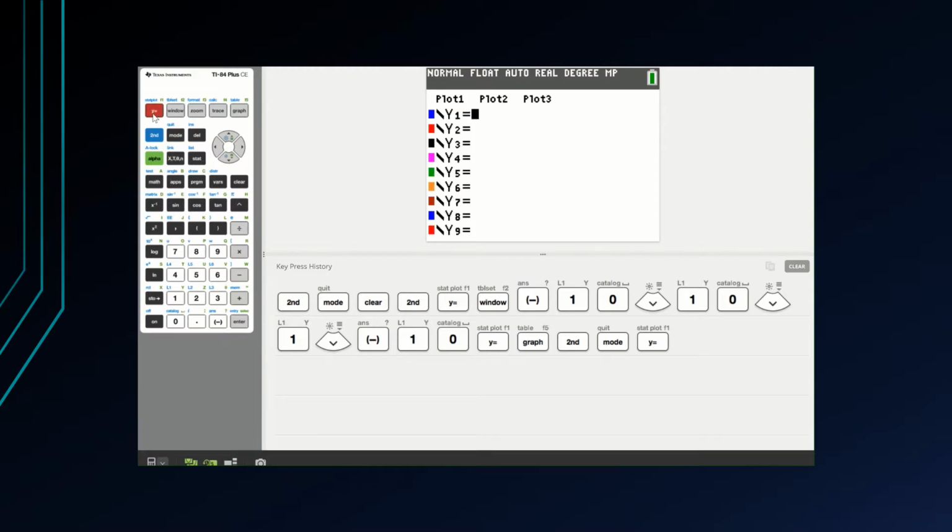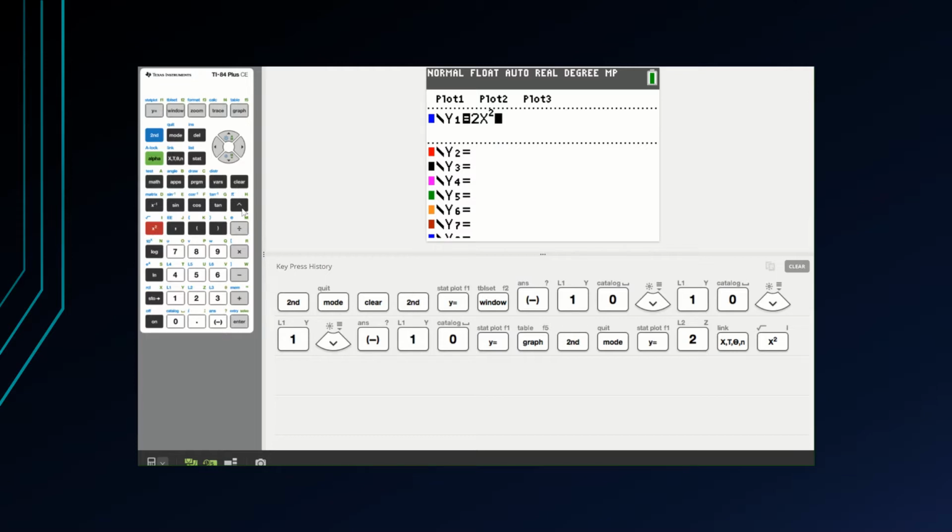Now, remember, we assumed that rho, the density, was a constant, and we just assigned it a value of 1. What if I assigned it a value of 2, just for fun? And instead of V for velocity, I'm going to use X squared. And then we're going to divide by 2.